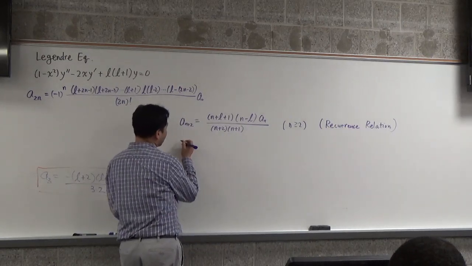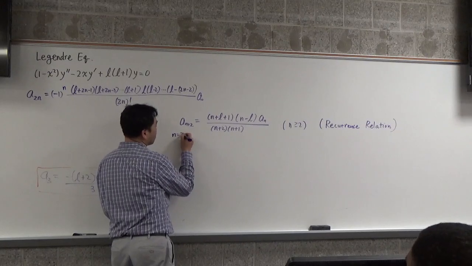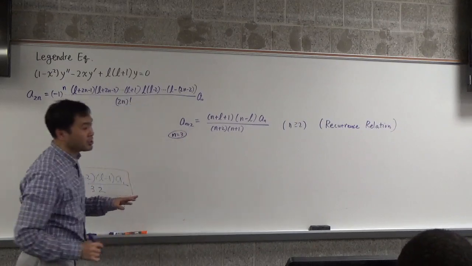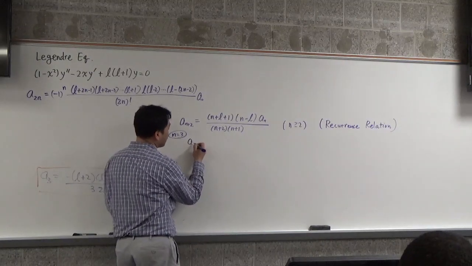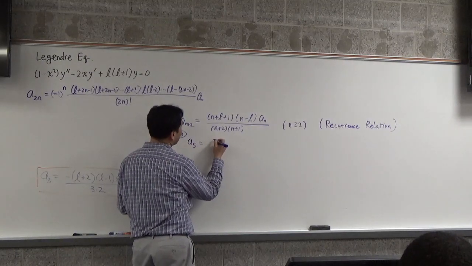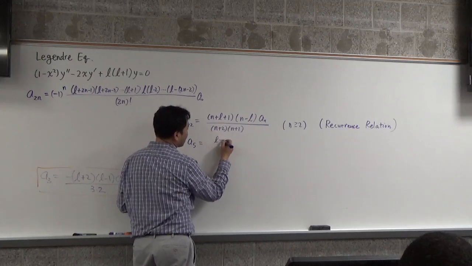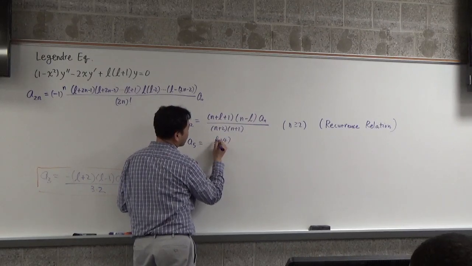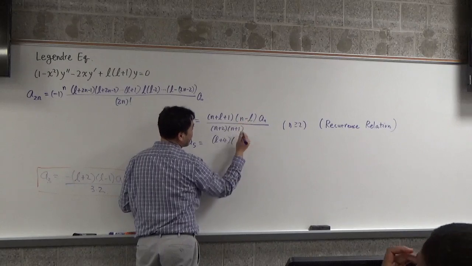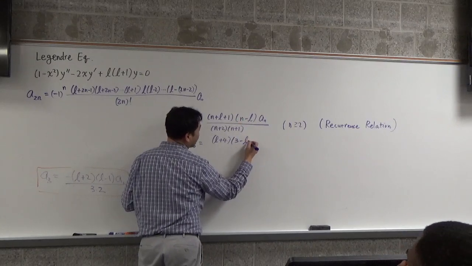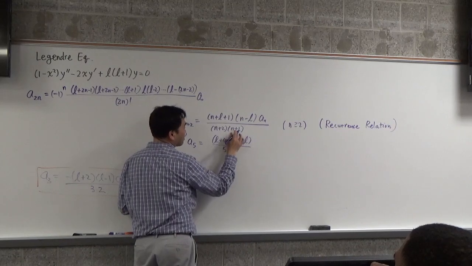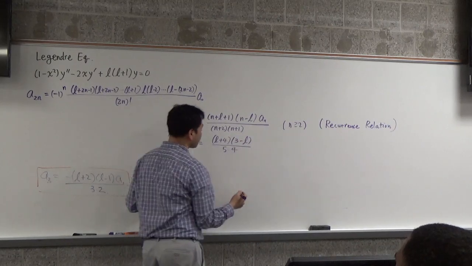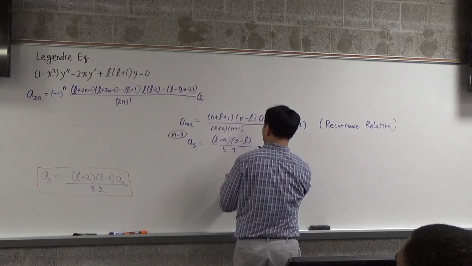So you have n equals 3 is the first odd number you can plug in. Then A5 is 3 plus 1, that's 4. So L plus 4. And then 3 minus L over 3 plus 2, that's 5, 3 plus 1, that's 4, and then A3.